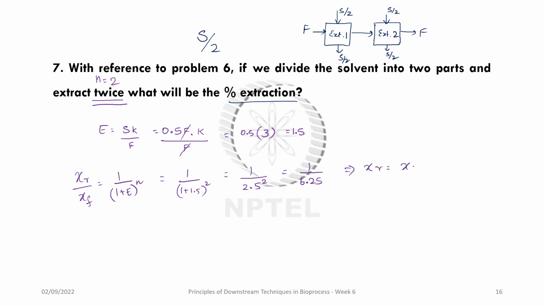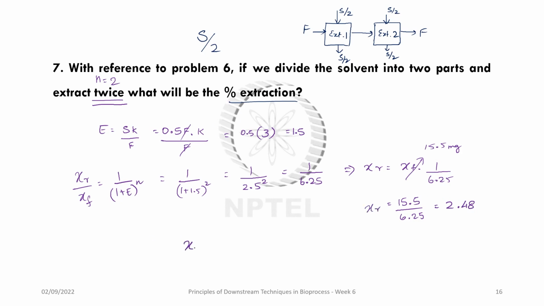And you already have XF into 1 by 6.25. You know that XF is 15.5 mg, correct? 15.5 divided by 6.25 gives 2.48. This is my XR.